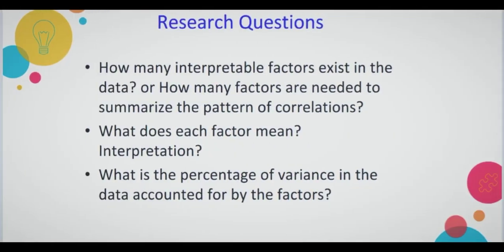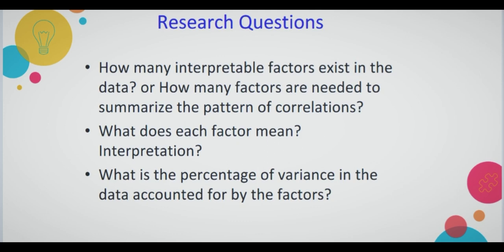Okay, so usually the research questions that can be answered using factor analysis are, for example: how many interpretable factors exist in the data, or how many factors are needed to summarize the pattern of correlation.